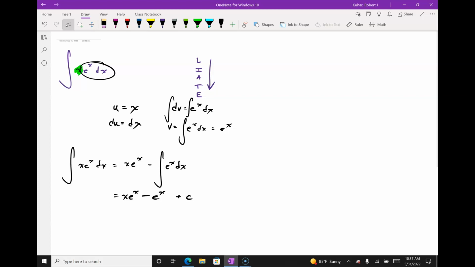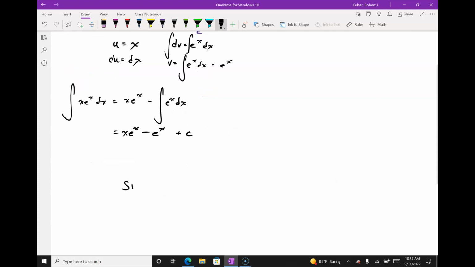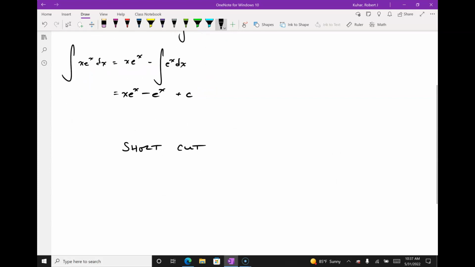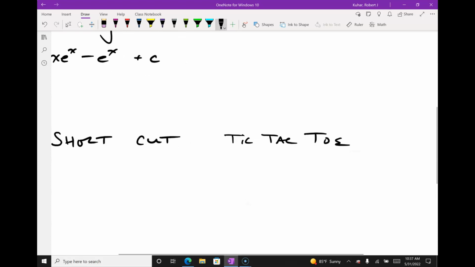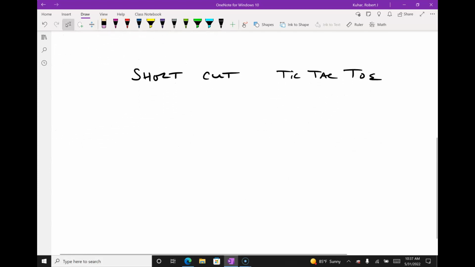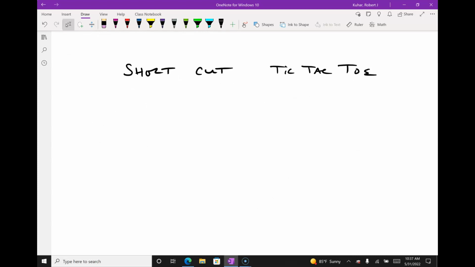Here's my shortcut. You ready? I'm calling it tic-tac-toe. The shortcut I call tic-tac-toe. I want to do my sign, my u, my dv.